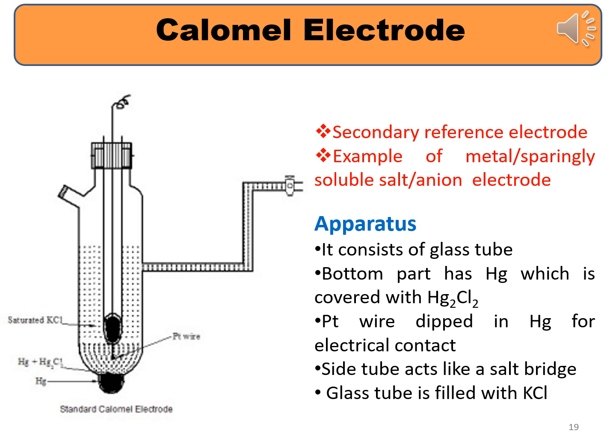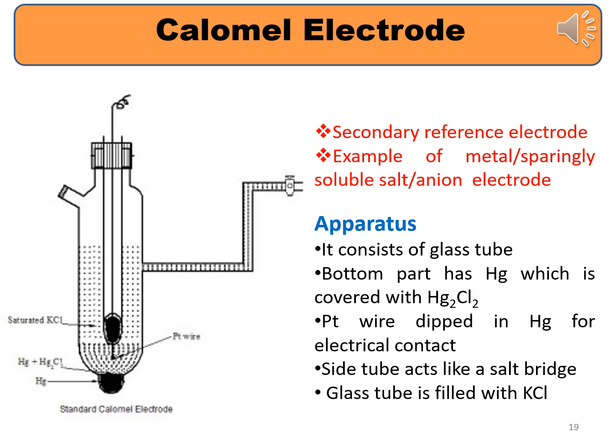Due to the limitations of the primary reference electrode SHE, we use another electrode, the calomel electrode. The calomel electrode is known as a secondary reference electrode and is an example of a metal sparingly soluble salt anion electrode. The apparatus consists of a long glass tube.